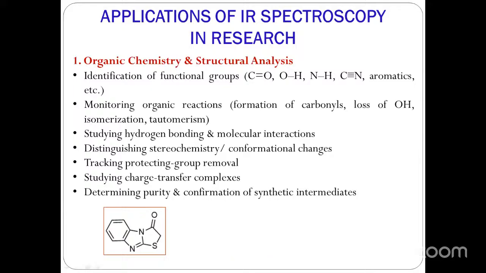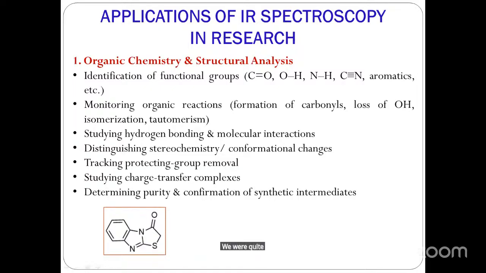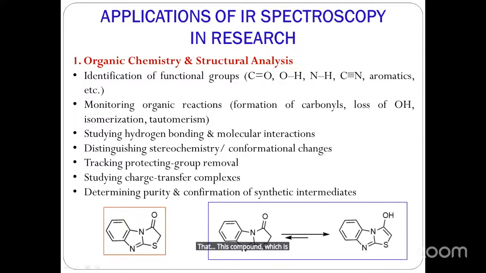As we were observing what might have happened during the reaction, we were quite confused. But we took an IR spectrum, observed it, and concluded that this compound, which has a ketone group, may undergo tautomerism.